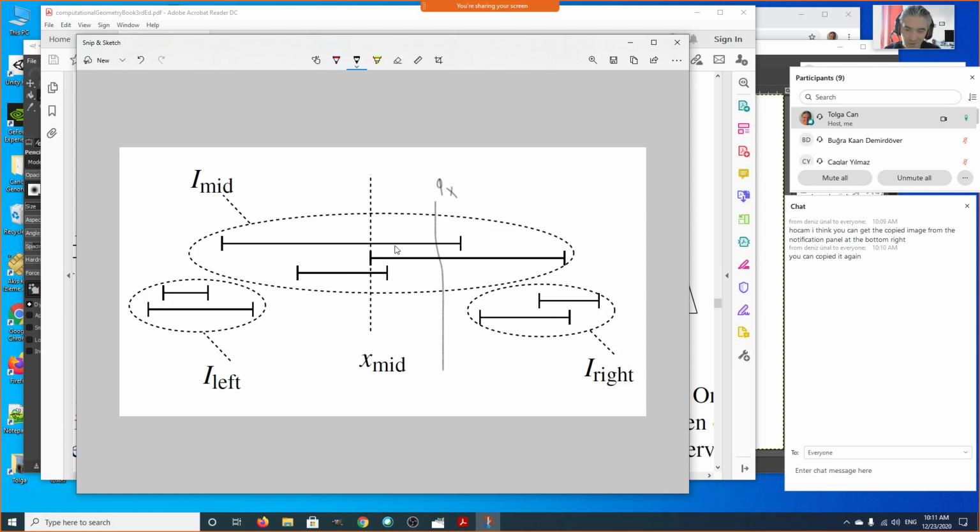Now, the problem is we have a bunch of intervals and a query, report the ones that intersect with it. It seems like exactly the same problem that we tried to solve from the beginning, right? So how can this IMID be processed faster? My overall goal is to get this entire query in log n plus k time.